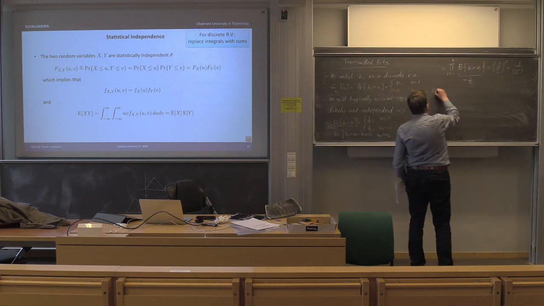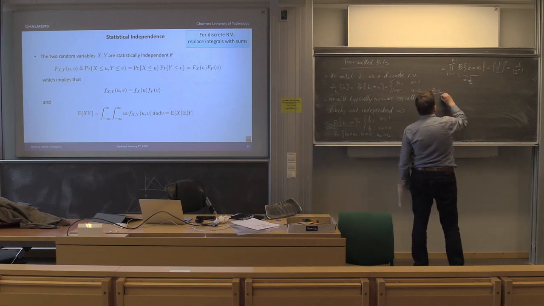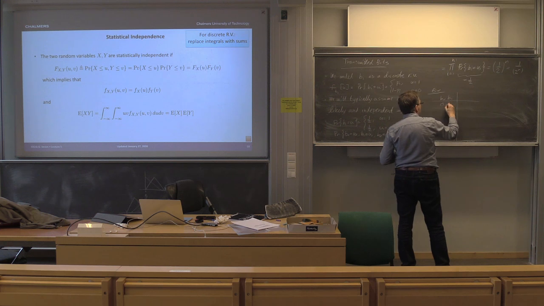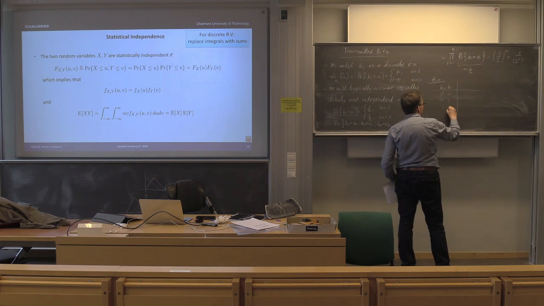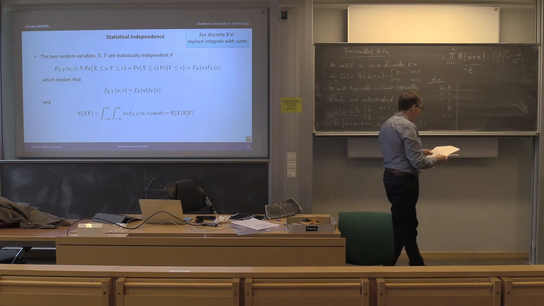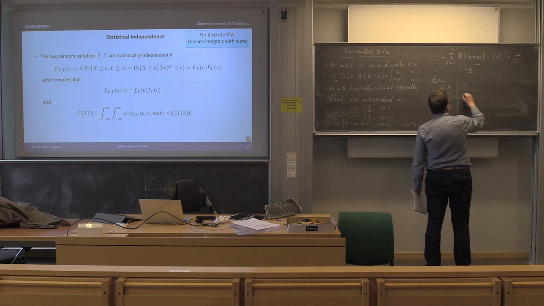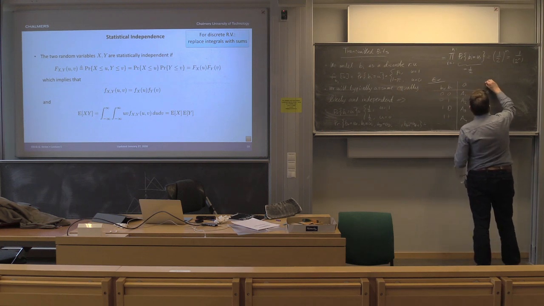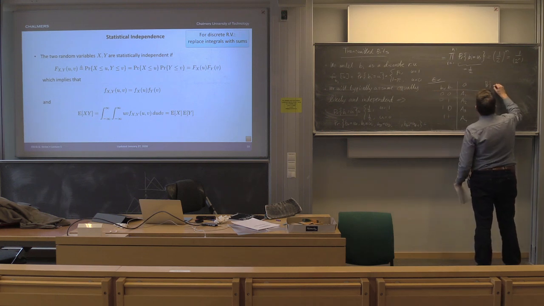So, for example, if we have 2 bits, b0 and b1, they could be 0 0, 0 1, 1 0, and 1 1. And say that these are mapped to the amplitudes A1, A2, A3, and A4.